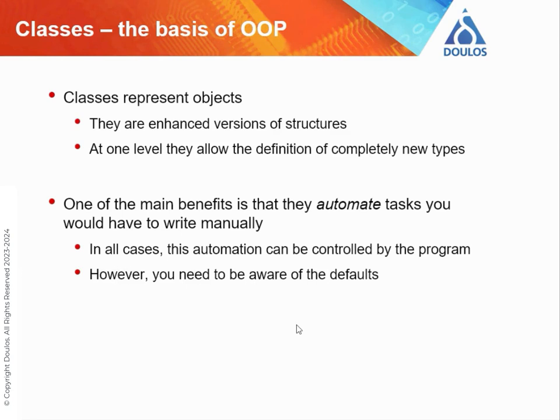And the basis of an object is we can create a whole new type in our program. But one of the really useful things about classes is that once they're set up, they become like a toolkit for the compiler, and they will allow us to automate the tasks that we would have done manually.